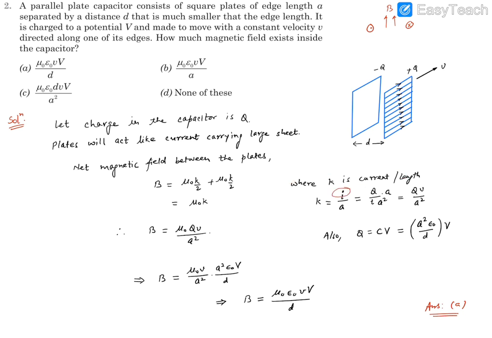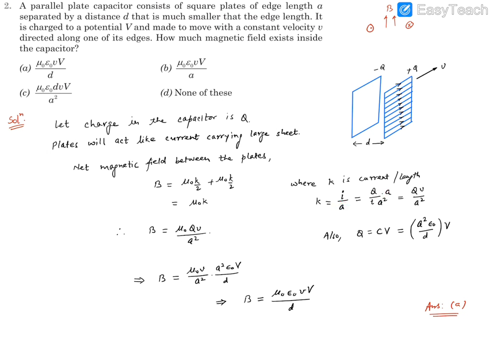Let's say current I is flowing, and that current is flowing through the length a. So we need to find I by a. What is I? I is going to be charge per unit time. The entire Q charge covers a distance a, let's say in time T. So I is going to be Q by T. And this was a downside, so I multiply by a upside and a downside.